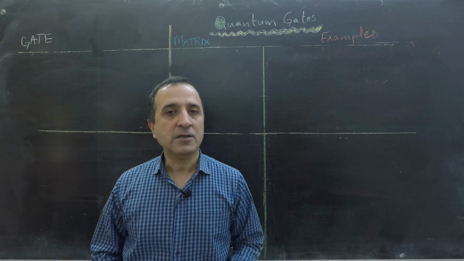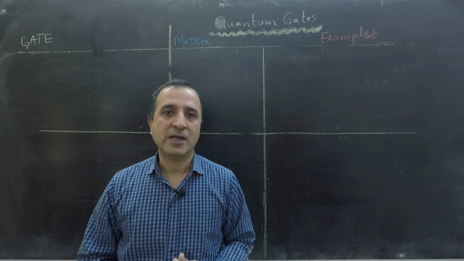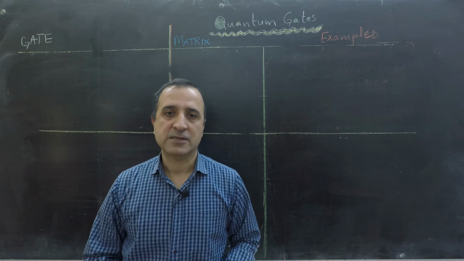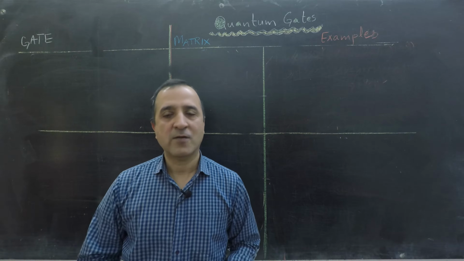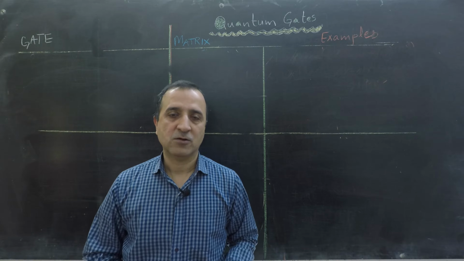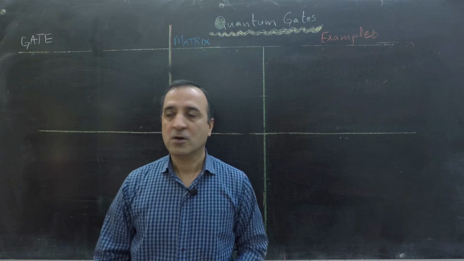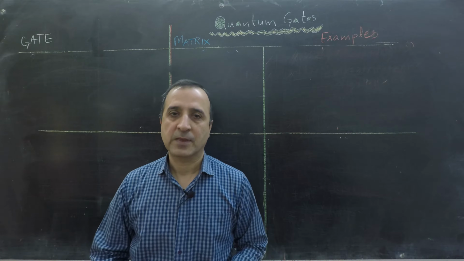Now recall that we said that if we have a single qubit, then we need 2 by 2 matrices as quantum gates. And if we have n qubits, we need 2 raised to power n times 2 raised to power n matrices as quantum gates. What about 2 qubits? If I have 2 qubits, then my matrices will be 4 by 4.